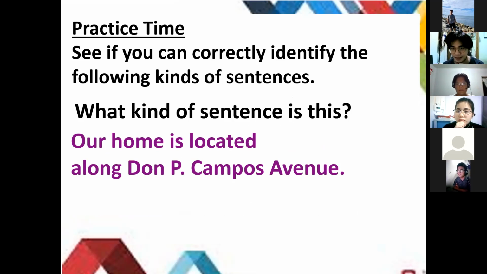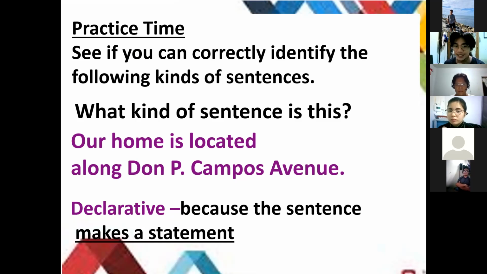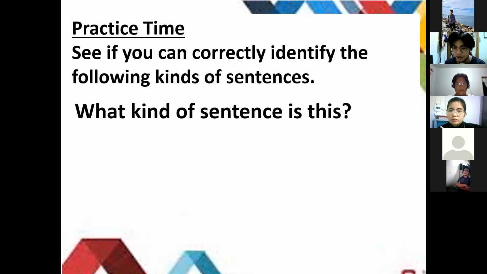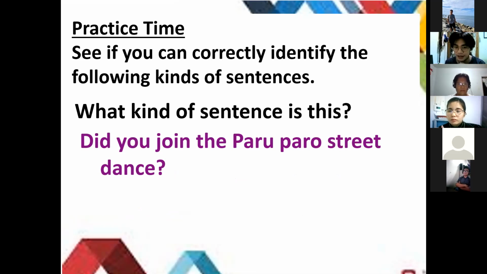It only describes or declares the statement, but with no other expression in it. Good job, sir. So that is indeed a declarative sentence because the sentence just makes a statement. No question, no kind of command, not even a strong emotion.